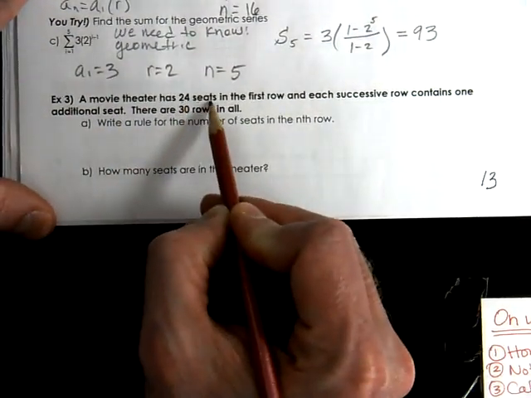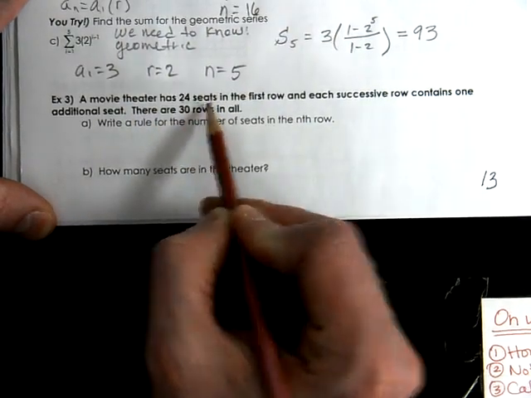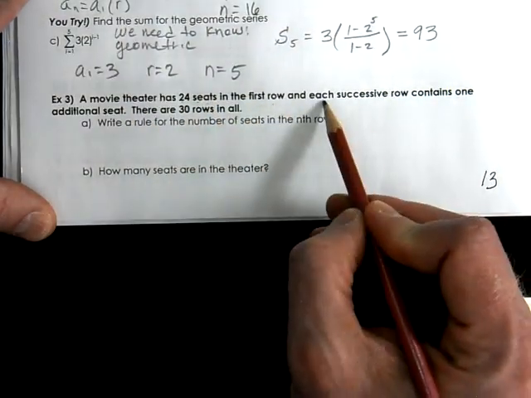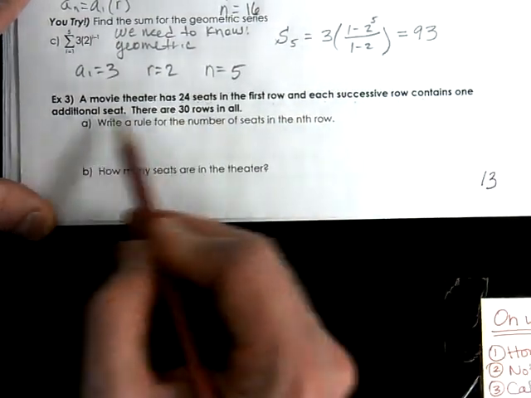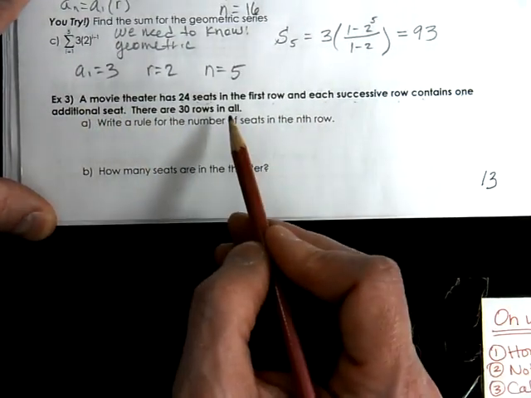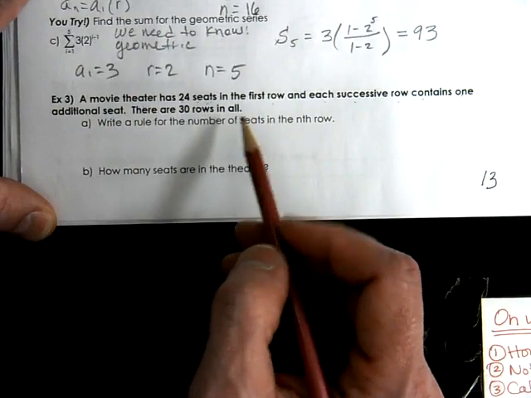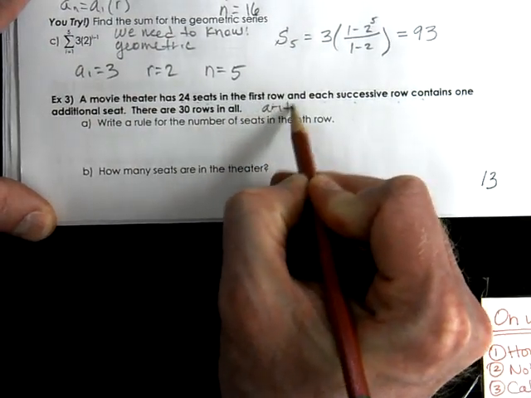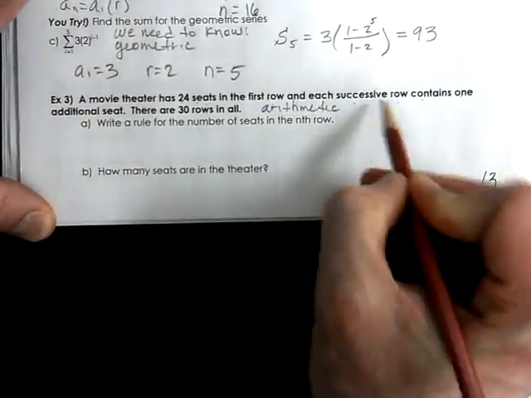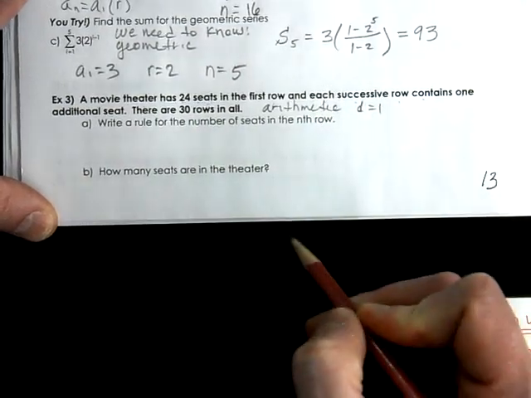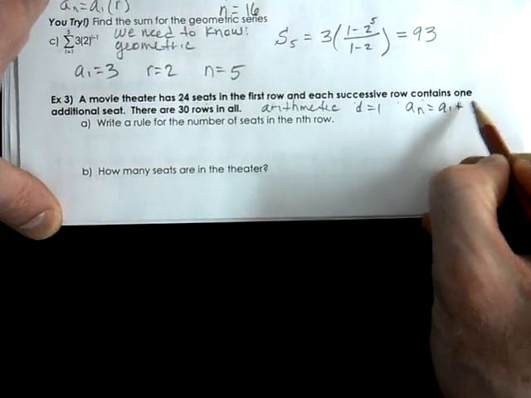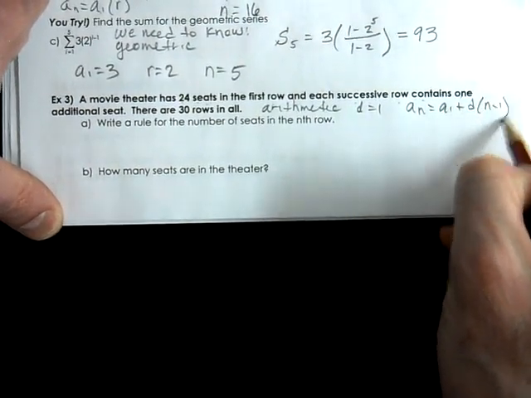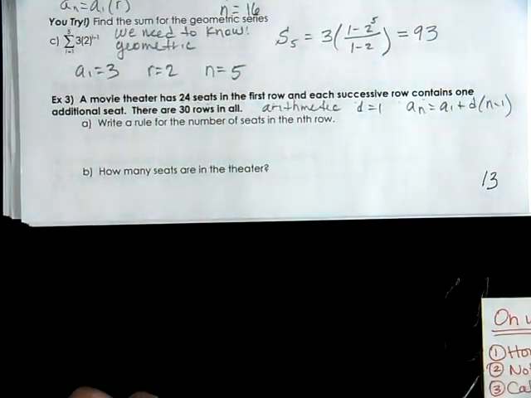So we have 24 seats in a theater that are in the front row. Each consecutive row has one more. So if we have one additional seat for every row, this is definitely arithmetic. Where d equals 1. So the formula we like to use is our explicit formula.